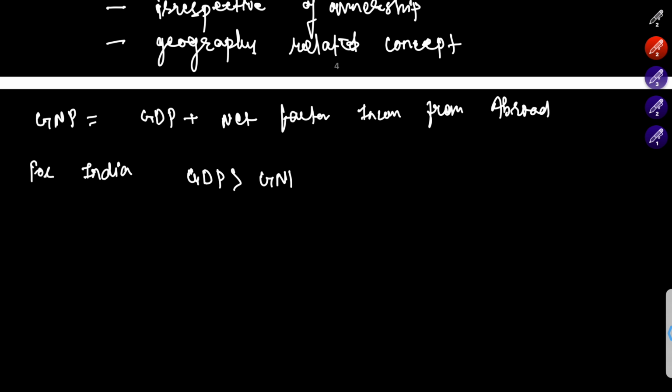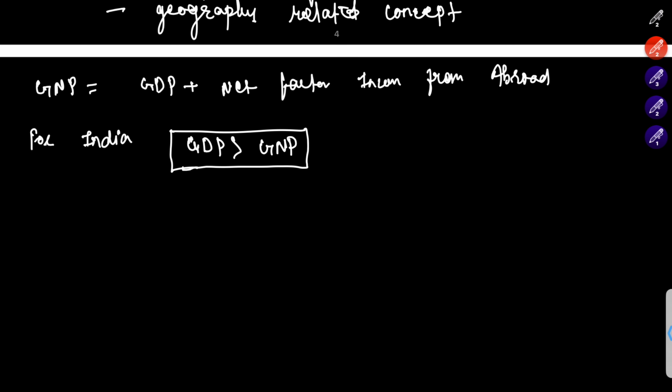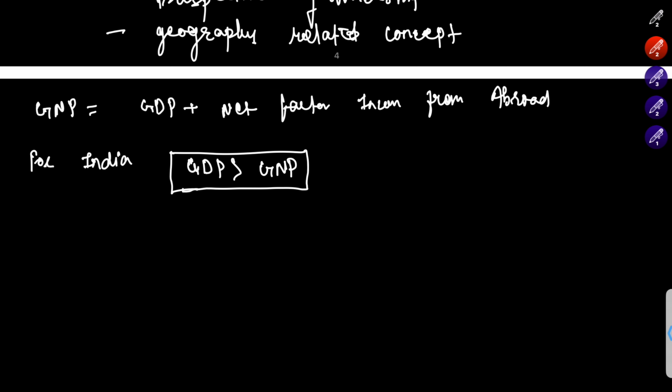So in India we consider GDP over GNP because for India GDP is higher than GNP, because the net factor income from abroad is very low to calculate GNP, so we have to keep GDP as the national income calculator.